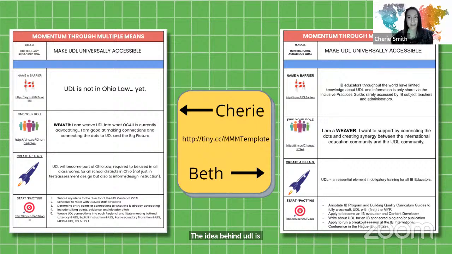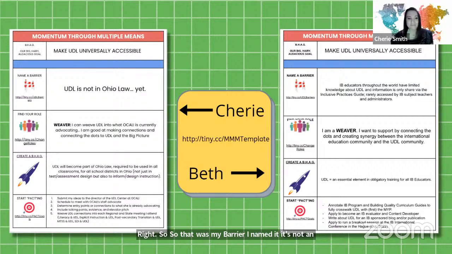It's a human rights idea. All students deserve it. They all deserve to experience UDL and to be provided an environment where they can become an expert learner, an advocate, a lifelong learner. So that was my barrier. I named it. It's not an Ohio law yet.